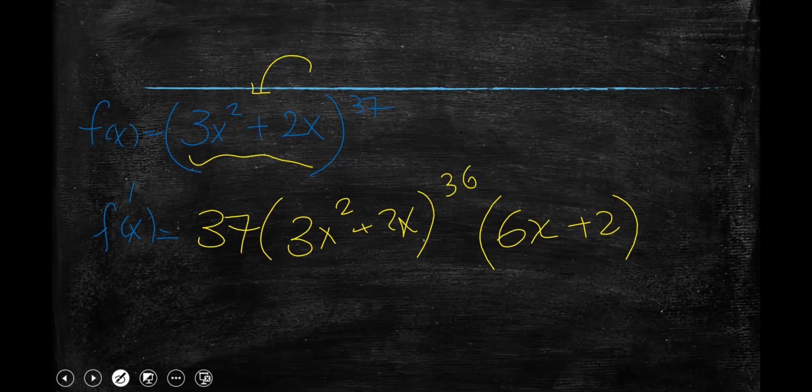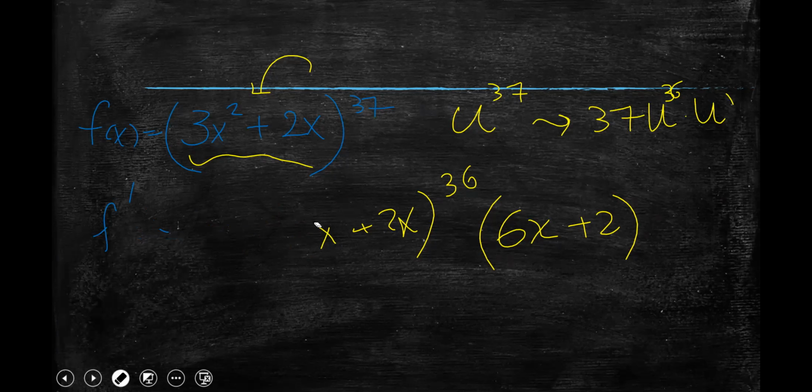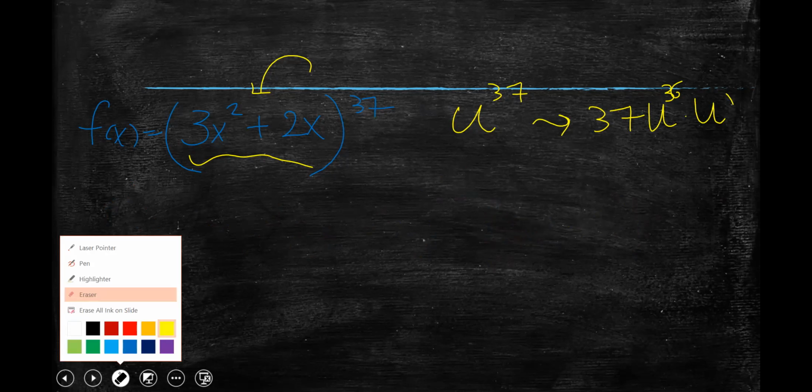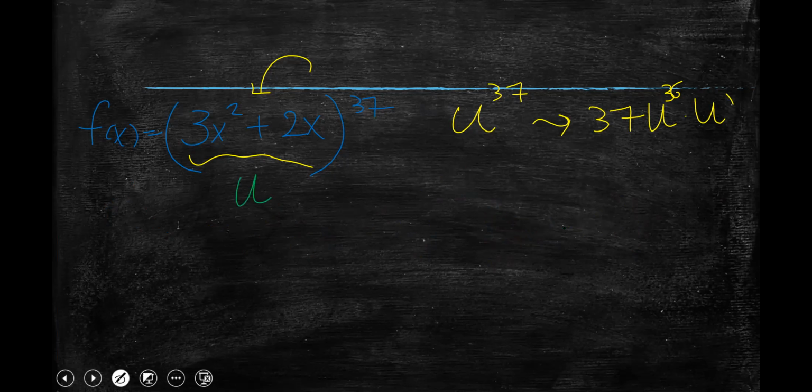Is it like when I told you it's like u raised to the power 37? So we said it's 37u to the power 36 times u prime. I will repeat it here. Let's name the complicated part u. If u is 3x squared plus 2x, then u prime is 6x plus 2.